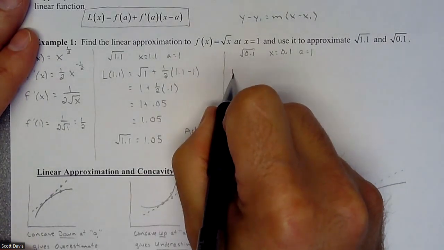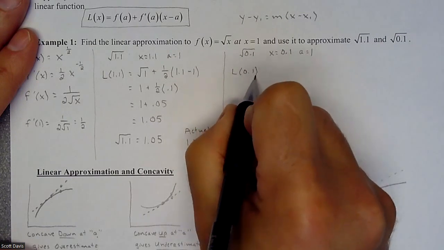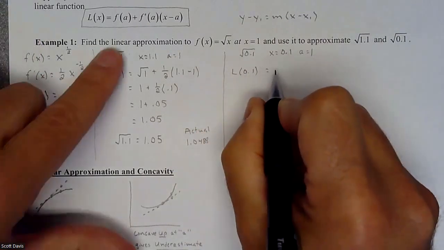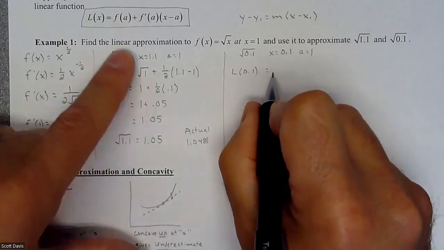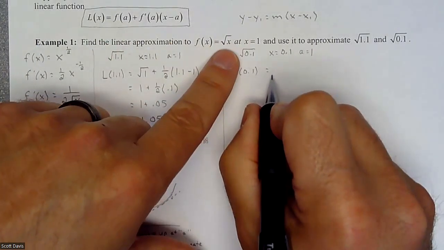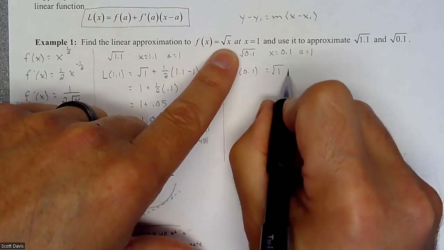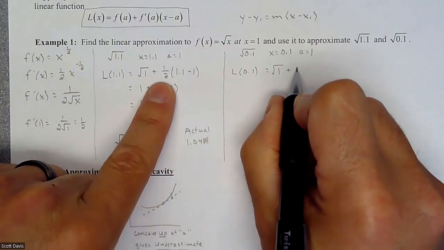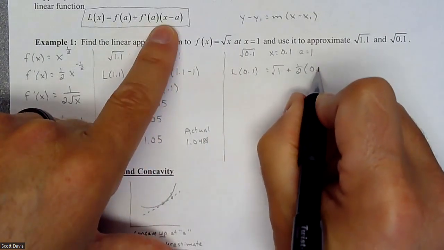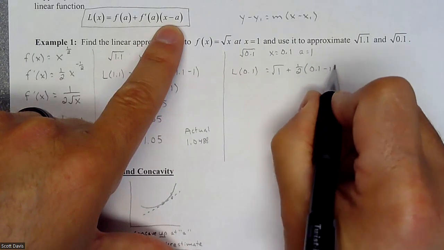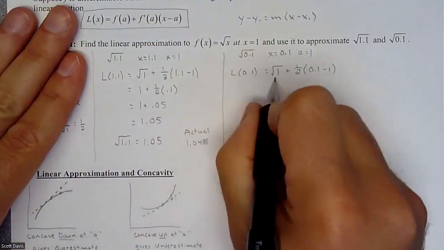So if we follow this formula, for 0.1, we are going to be getting our y value, which is exactly, we're still plugging in a 1 into this equation. So square root of 1 plus the slope at that point, which we found to be a half. And then our x value is 0.1 minus 1. So here's what we're getting.